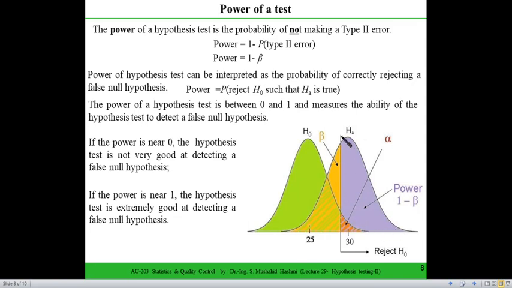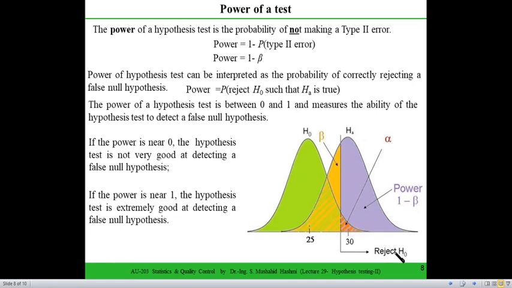So that area gives you the power of a hypothesis test. Depending upon the values of alpha and beta, we can find the area under the curve representing the 1 minus beta value. How close they are, how they differ, would represent the power of the test.